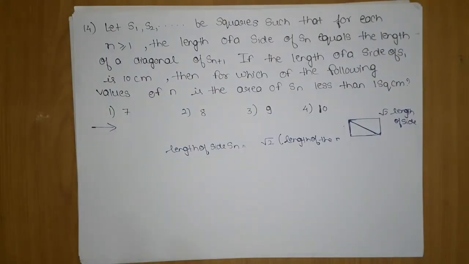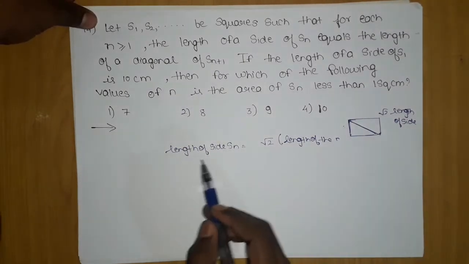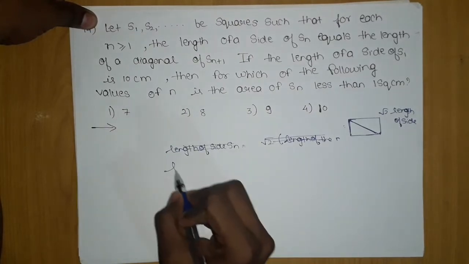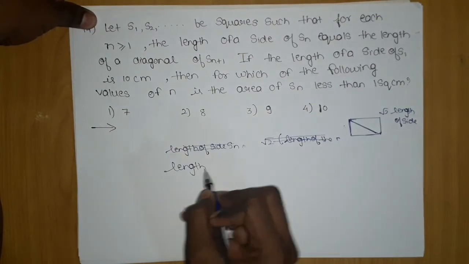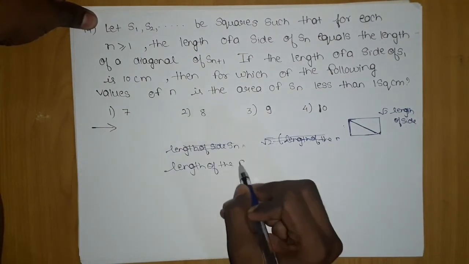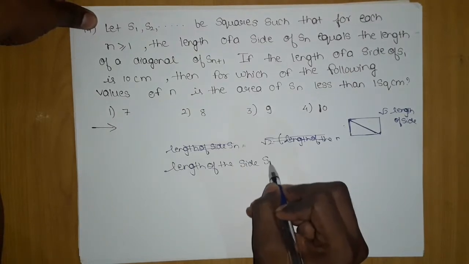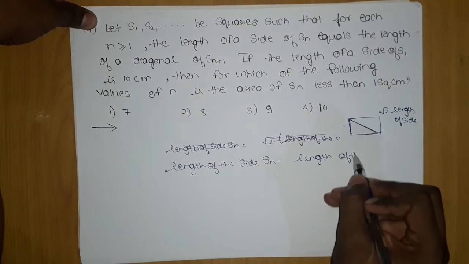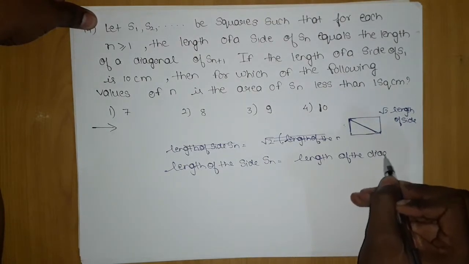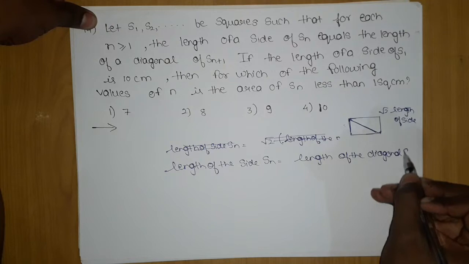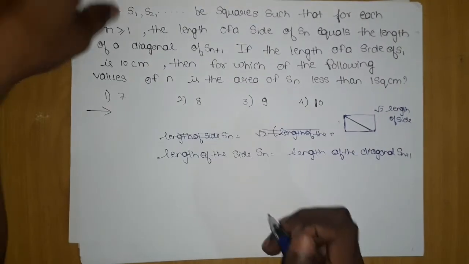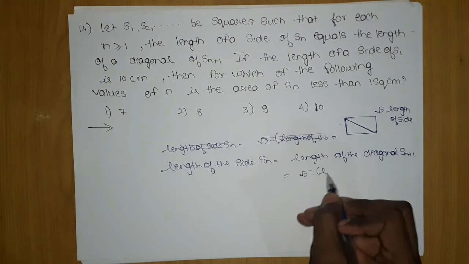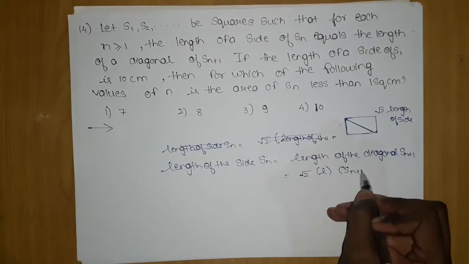Okay, listen, they are telling that the length of the side Sn is equal to the length of the diagonal of Sn plus 1. Fine, but we know that the length of the diagonal is under root 2 times the length of the side Sn plus 1.